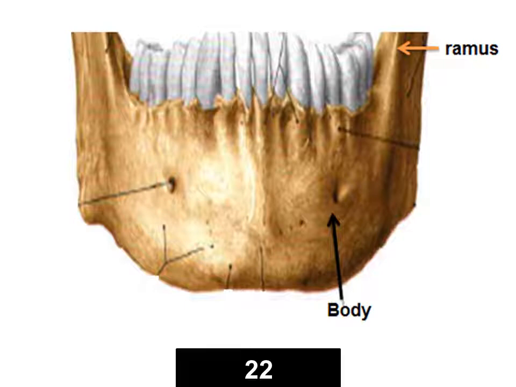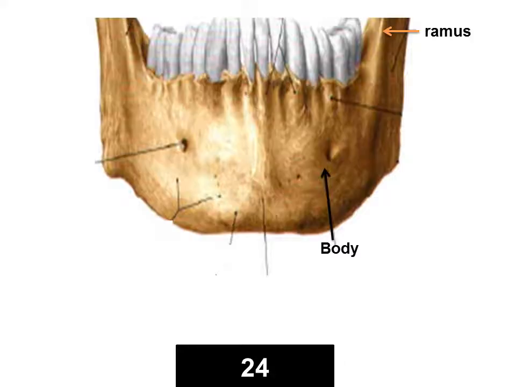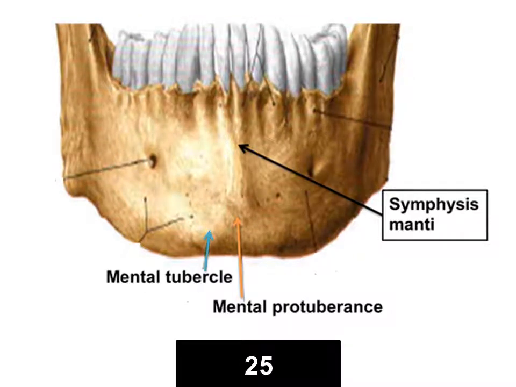You can see here that, regarding the body, anteriorly the external surface is marked in the midline by a faint ridge that we call the symphysis menti. Here it only shows the ramus and body, but in the second picture, the body external surface, you can see the same thing, the symphysis menti.